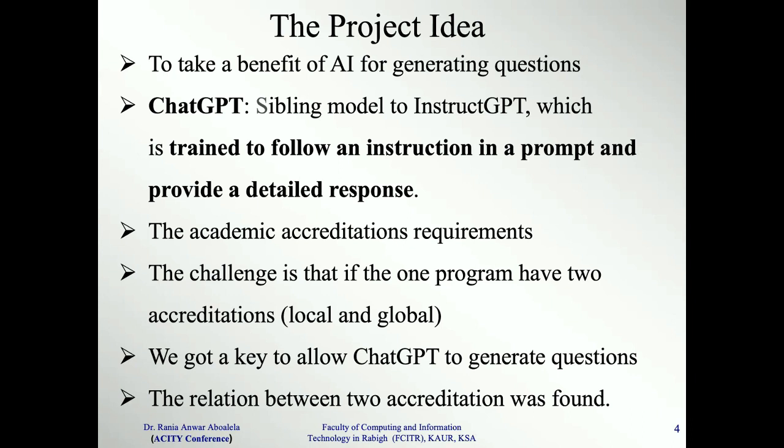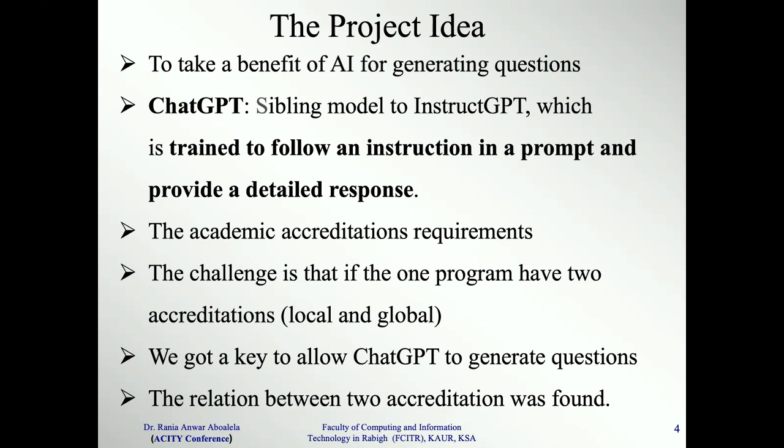The challenge here is that some universities obtained not only one accreditation, but many accreditations. So the assessment should follow which accreditations? As an example, in my university, King Abdulaziz University, in my program, the information systems program, we obtained the ABET accreditation.